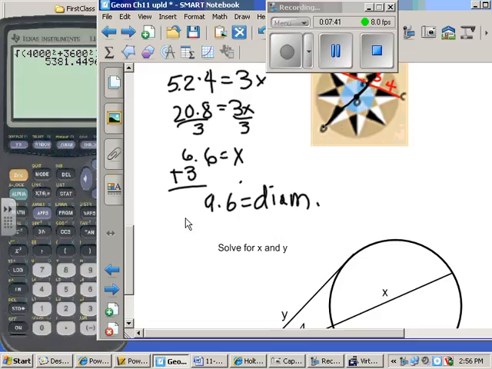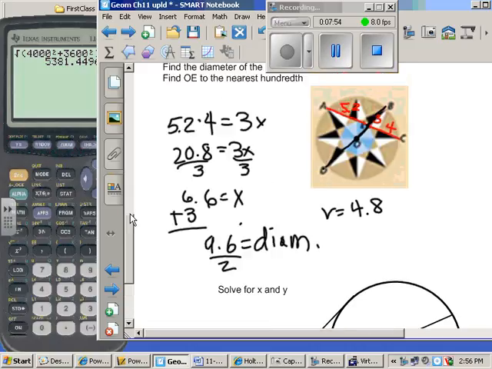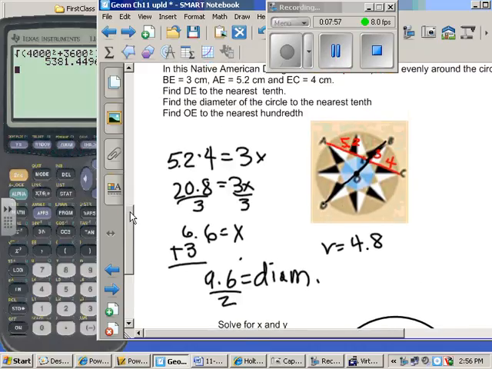Divide by 2, and that gives me 4.8. So the radius is 4.8. If you look at the circle here, 4.8 is from the center out to there. And we've used up 3, so from E to O, the rest of the radius must be 1.8.